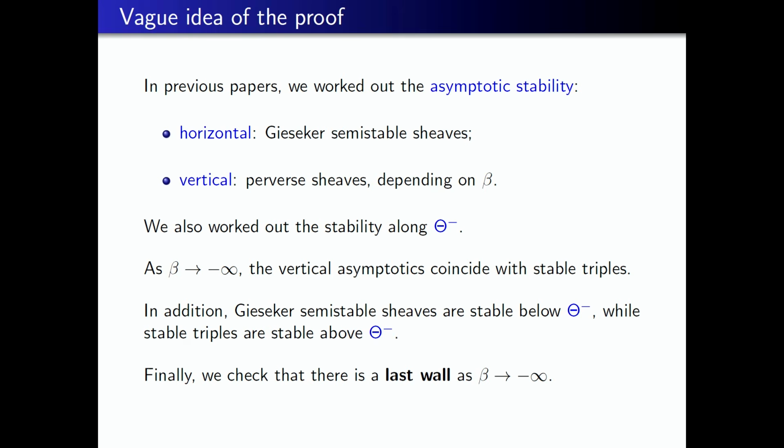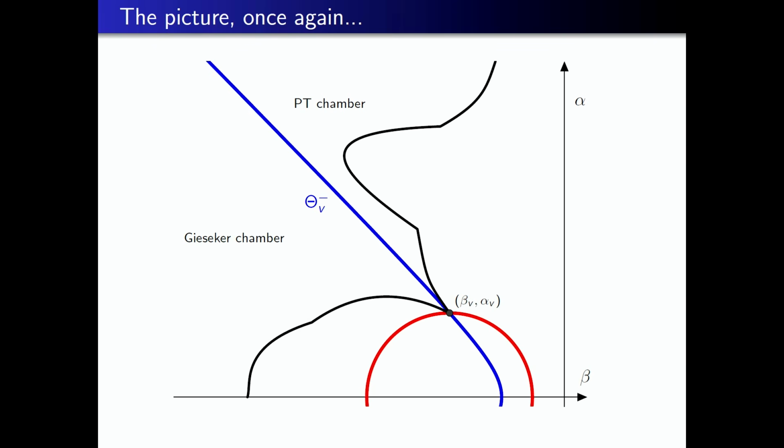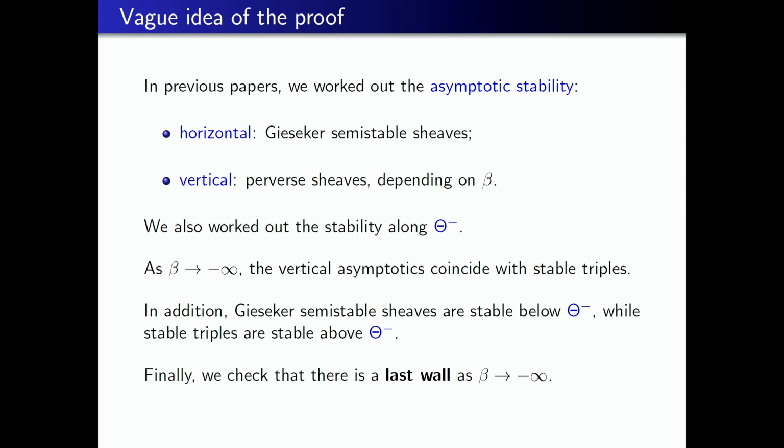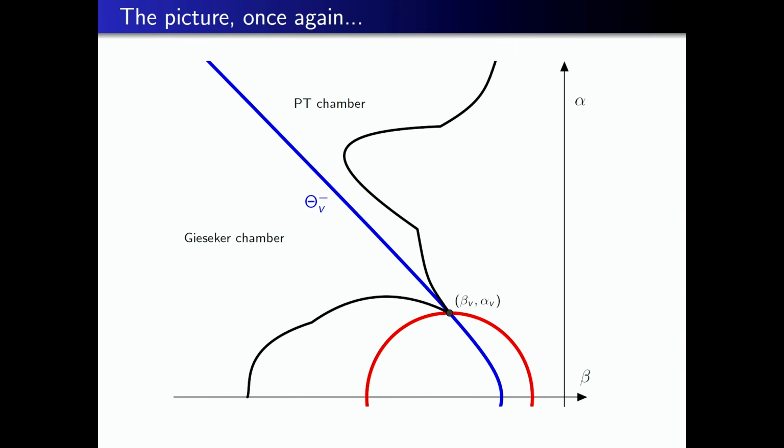So, a vague idea of the proof. Did I put the picture again? Yeah. So, two minutes for a vague idea of the proof. In previous papers, we looked at the asymptotic stability that I was explaining to Olivier. So if you go to infinity horizontally, meaning if you go to infinity in this direction, the asymptotically stable objects are the Gieseker semistable sheaves.